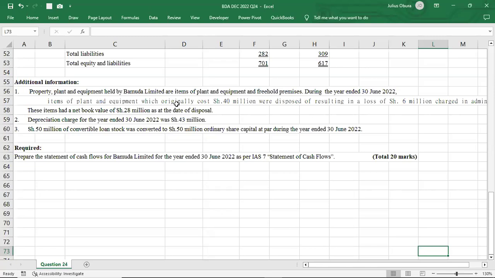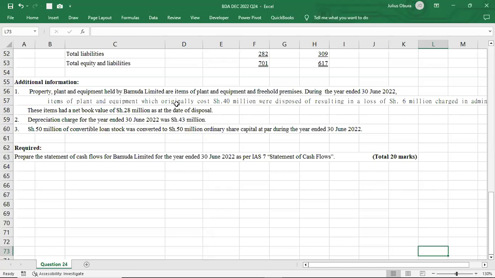Number two, we are told that the depreciation charge for the year ended 30th of June 2022 was 43 million shillings. And number three, 50 million shillings of convertible loan stock was converted to 50 million ordinary share capital at par during the year ended 30th of June 2022.